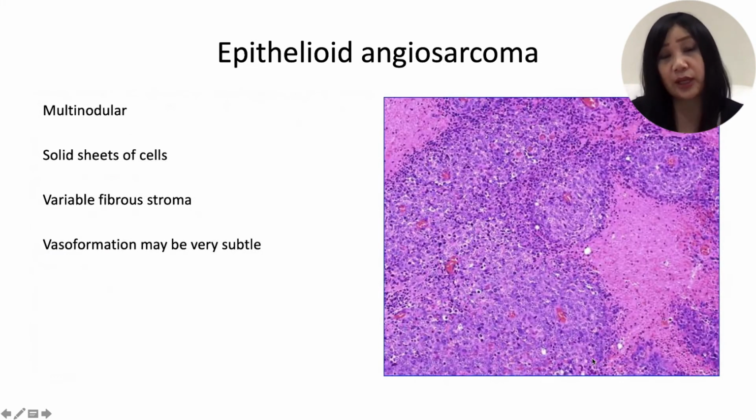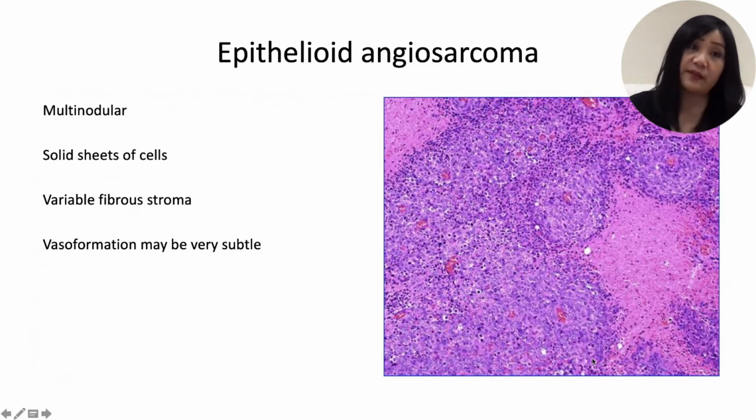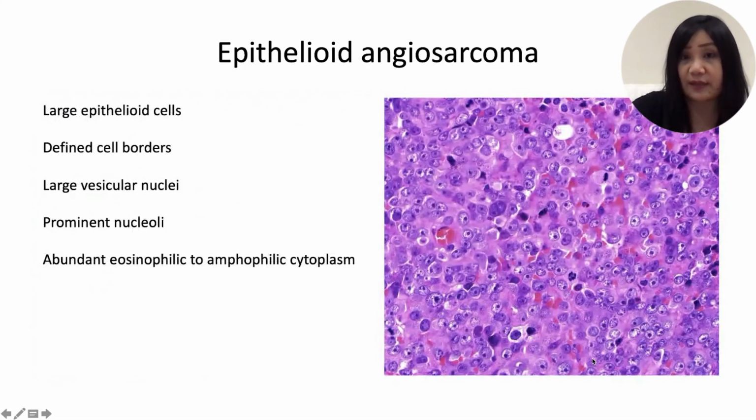And generally, most of us are quite happy diagnosing angiosarcoma, but sometimes these can be very, very solid with almost no discernible vasoformation. So again, we need to have an index of suspicion for this, and just remember to look for subtle vasoformation. Again, solid sheets, there is some hemorrhage, but nothing that we can see in this particular focus of definite vasoformation.